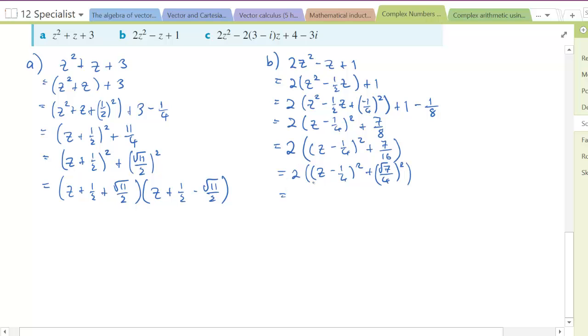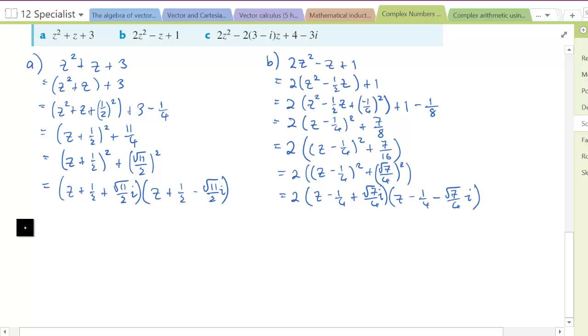Now we can use our factorization. So we've got 2, we've got (z subtract 1/4 plus root 7 on 4i), and we have (z subtract 1/4 take root 7 on 4i). Now I just realized in this first example I left out the i, so please don't do that. In that sum of squares, the second term must be imaginary.